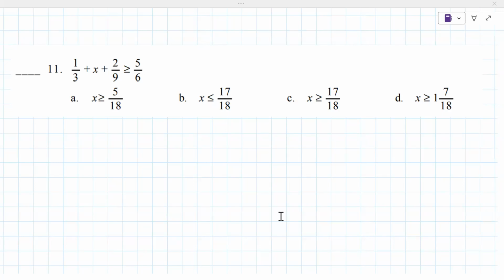Converting fractions. And then convert it into 18, so that's 6/18 plus x plus 4/18.